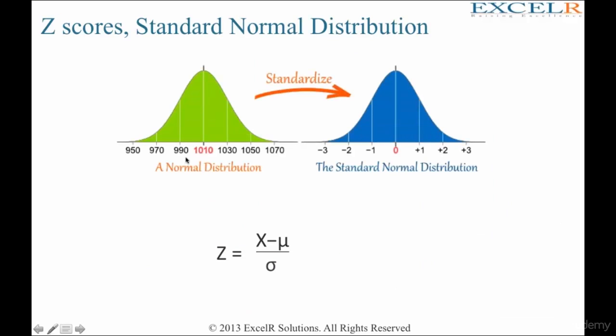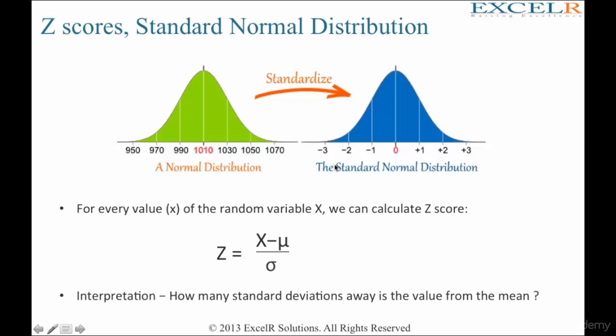And any random variable that you have, you can convert that into a standard normal distribution by standardizing the data using this formula. Why do we standardize? To make the data unitless. Another reason, as the name itself implies, if you standardize something, it'll be easier for you to analyze. Rather than analyzing each and every random variable, you can standardize and have a common representation, which you'll learn very soon.